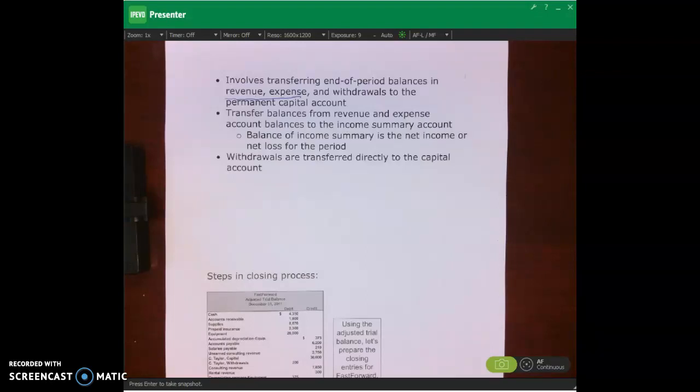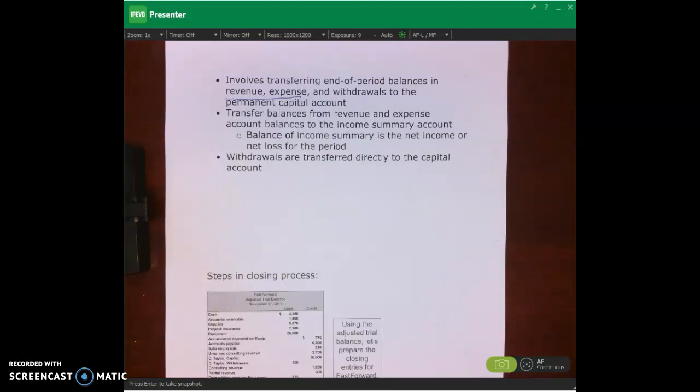Now we're back. Okay, so what we're going to be doing is transferring the balance in revenue and expense. We're going to be zeroing out our revenue and expense accounts and transferring that balance to income summary. And how do we do that? We're going to do that with a journal entry.